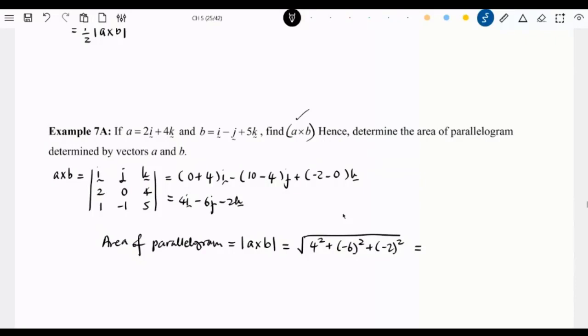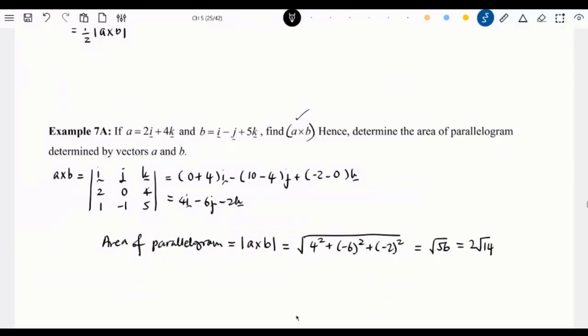Square root 56. Boleh simplify tak? 2 square root 14. So that one will be magnitude of A cross B, which is area of parallelogram. Okay, so we are done with 7A.